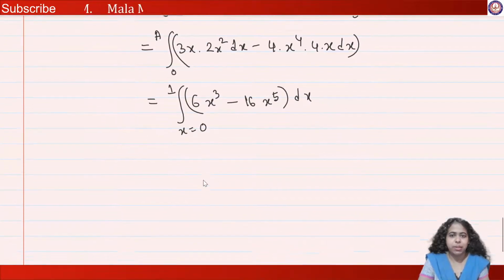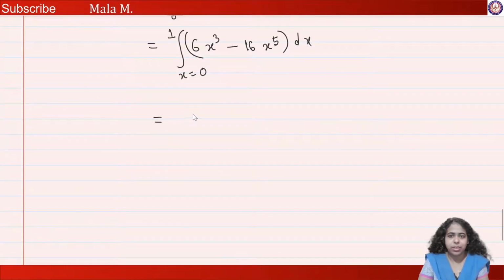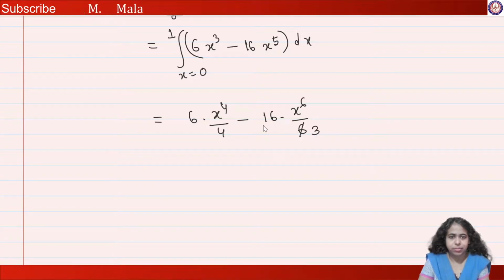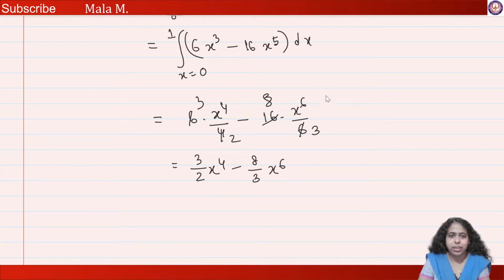Now simply evaluating this equation, what we get? The first term becomes 6 into x to the power 4 by 4 and the second term becomes 16 into x to the power 6 by 6. That is 3 by 2 x to the power 4 minus 8 by 3 x to the power 6, and the limit is x equals 0 to 1.